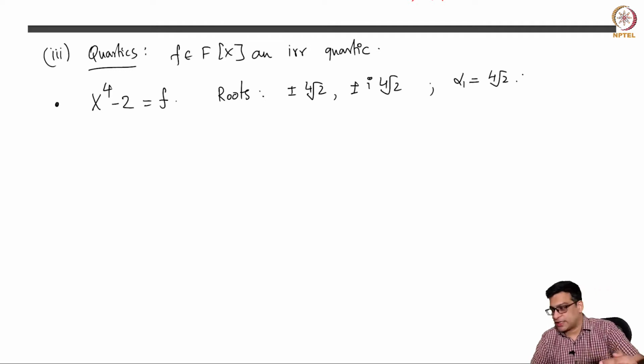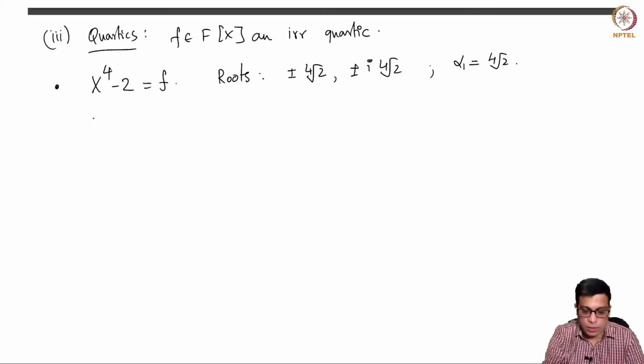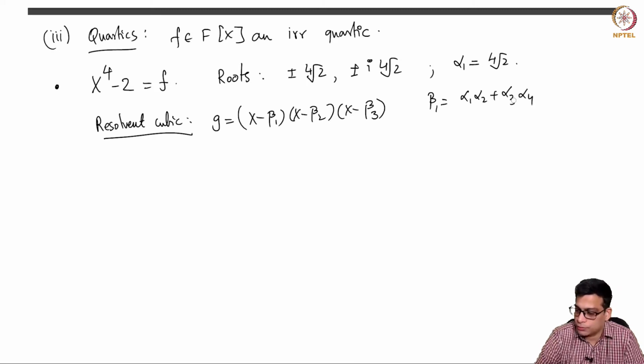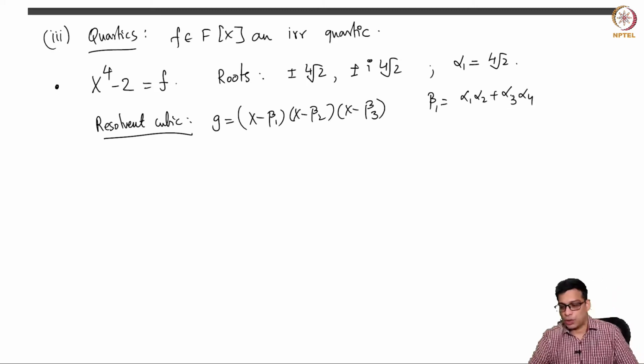So I want to just explore what happens here, recall the analysis that we have done for quartics. There we had to first consider the resolvent cubic. The resolvent cubic was (x minus beta 1)(x minus beta 2)(x minus beta 3), where beta 1 is alpha 1 alpha 2 plus alpha 3 alpha 4 and so on, right?